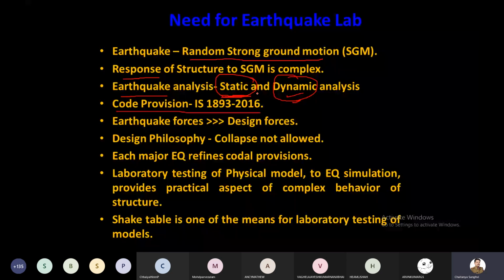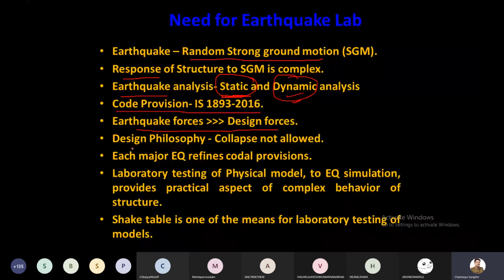We know that earthquake forces are much larger as compared to the design forces. Yesterday I told you, a 100 kilonewton force is coming on your structure because of earthquake. We are only designing for 20 kilonewton, 30 kilonewton force. That's all. We are not designing for the full level of earthquake force, and that is the reason that the experiment will become very, very important.